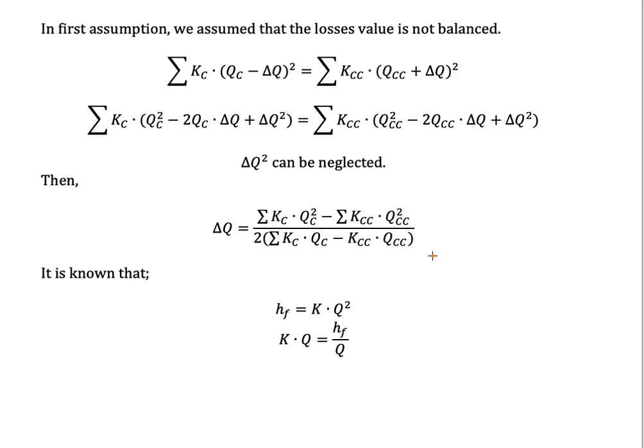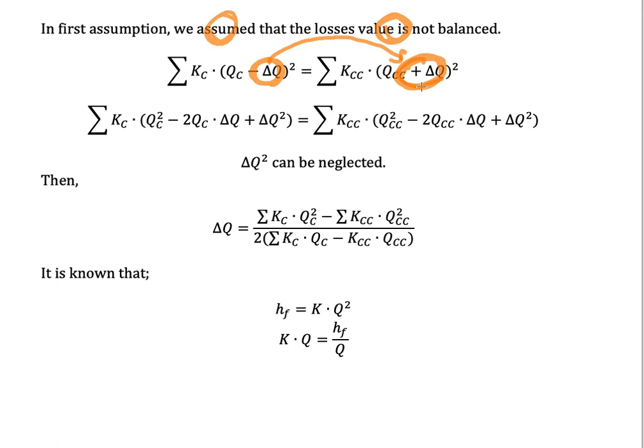To correct our assumption, for example, if the clockwise here is bigger compared to what we have in counterclockwise, we need to take a small amount of flow rate from the clockwise and put it into the counterclockwise.